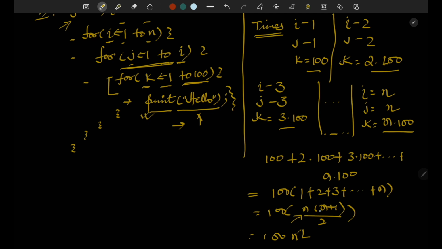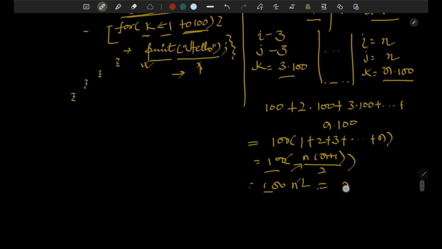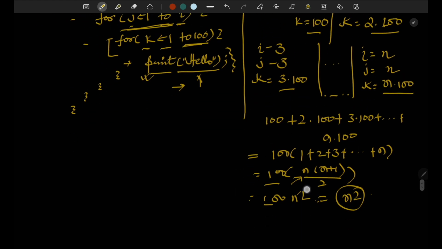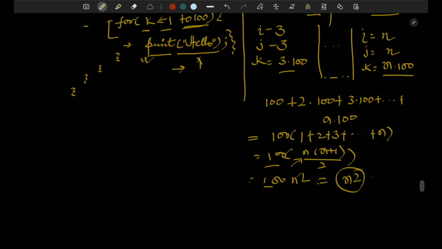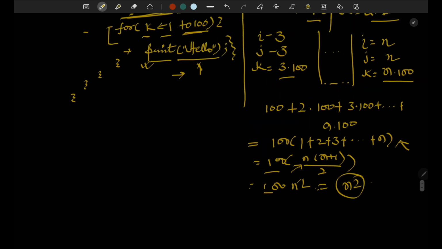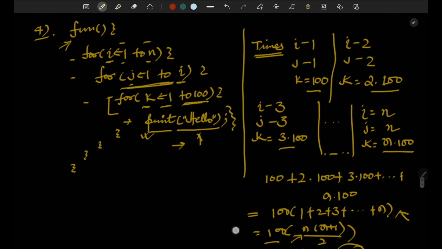So it will be of course n square plus n divided by 2 and whatnot, but n square is the leading term and 100 is the constant, so we can write this as n square. So eventually this thing is going to be printed n square times, right? And rather this thing is going to be printed these many times, and what we can say is the running time complexity of this algorithm is going to be big O of n square.